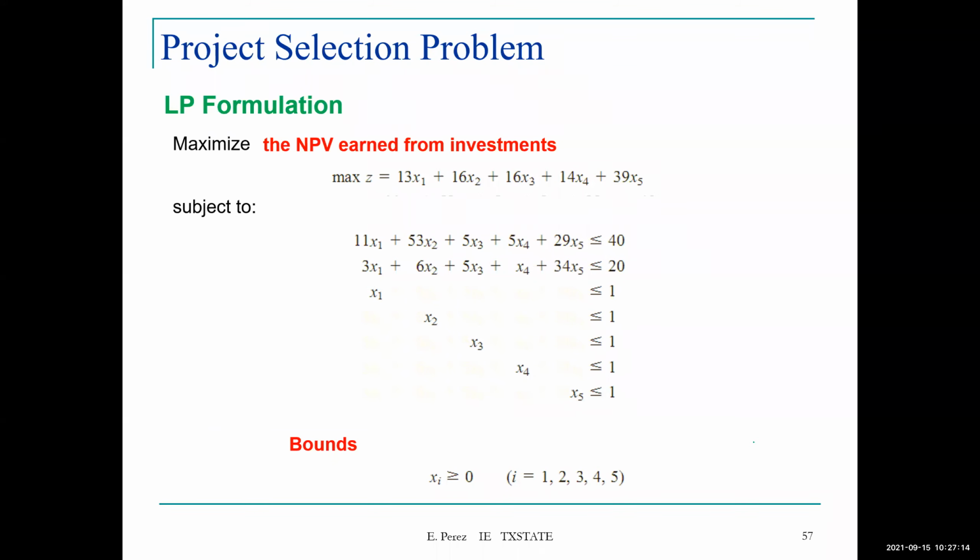So you will see, for example, here, this is giving you a very high net present value, but also the cost of investment is pretty high. So you get a high net present value, but it also costs you a lot. So finding the right combination is the solution for the problem.